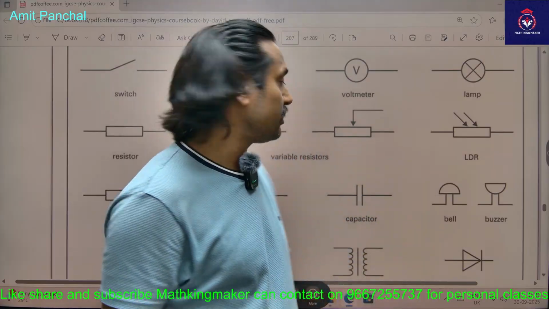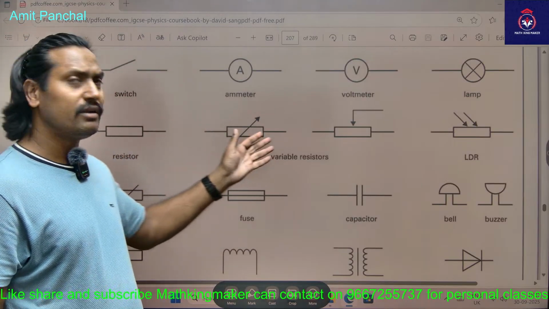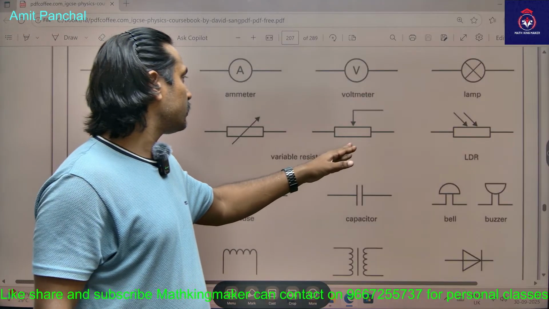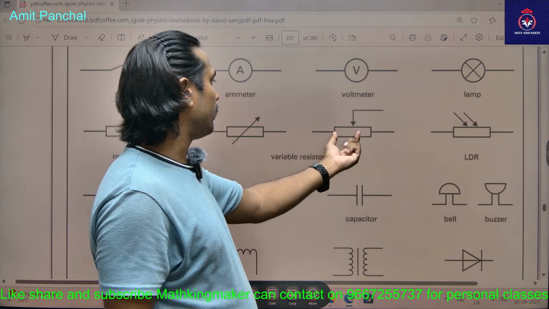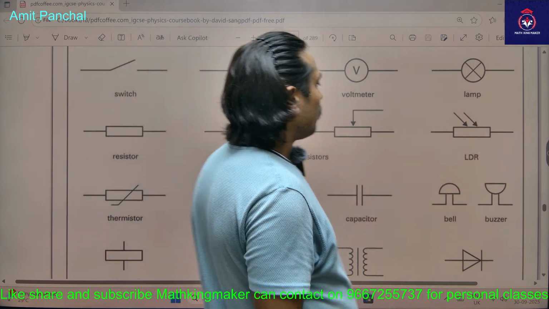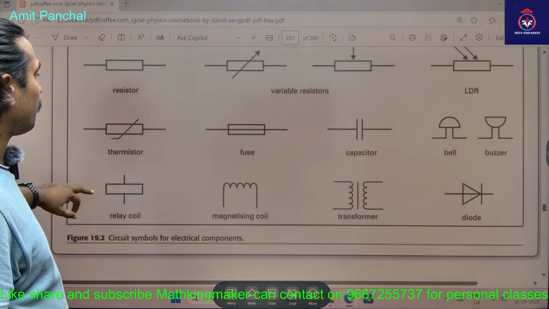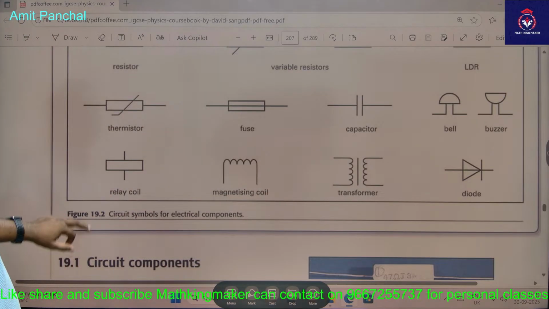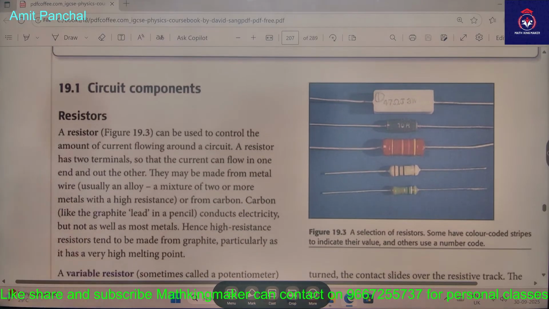That is nothing but a rheostat, or you can say a variable resistor. Another indication of this is that one, which is also called a variable resistor. This is again an example, a thermistor, and a fuse. We'll study all these things, one by one.